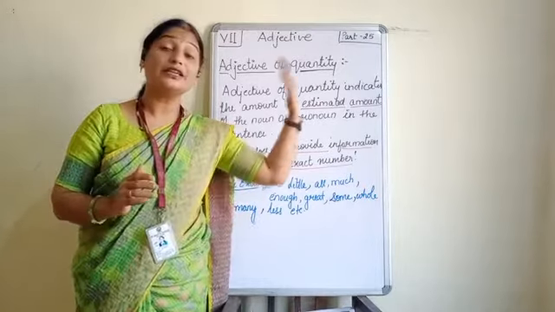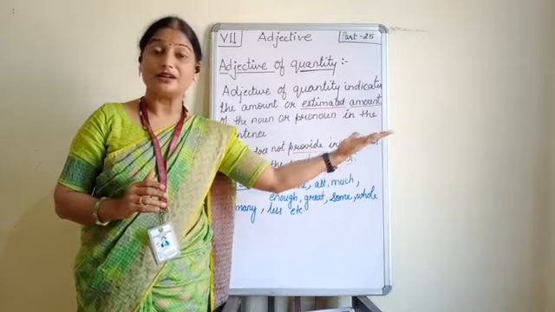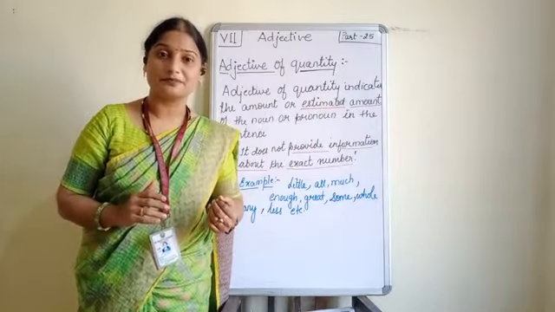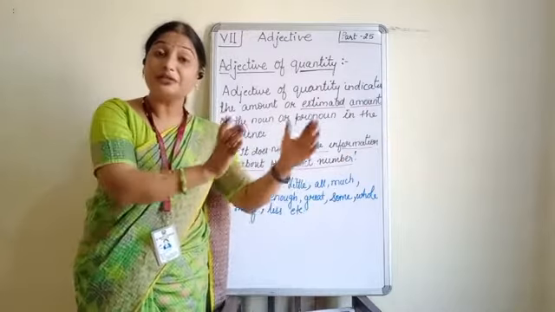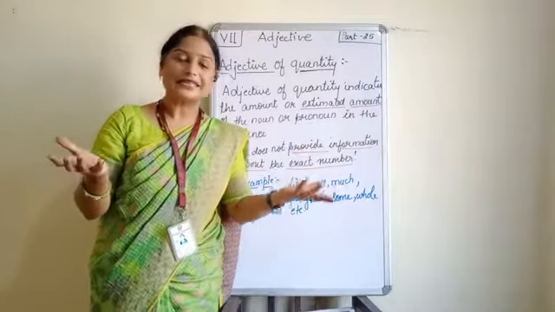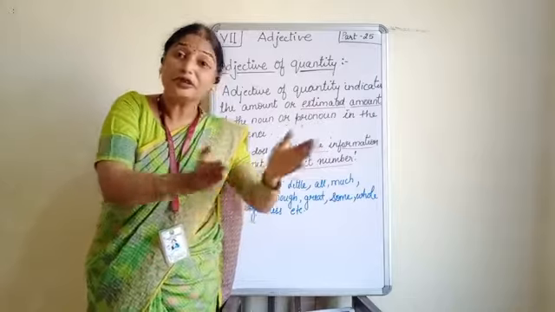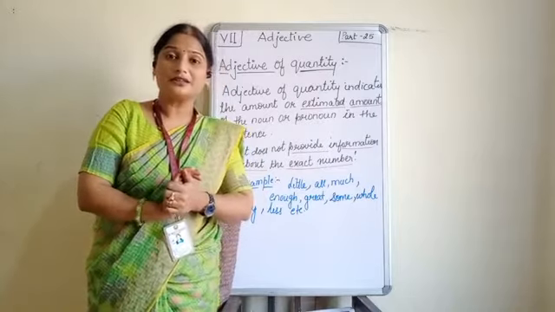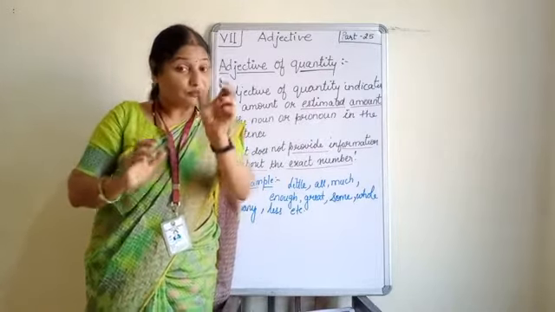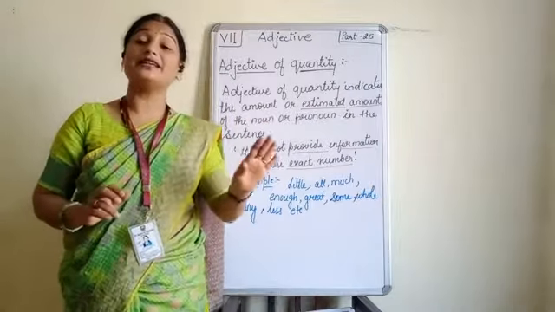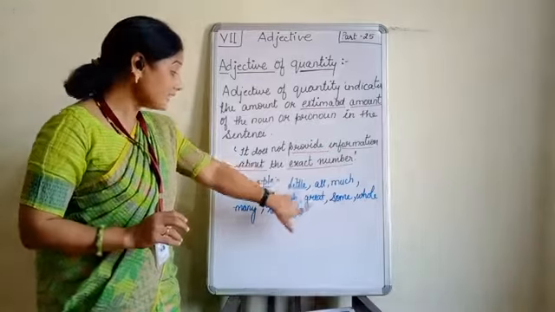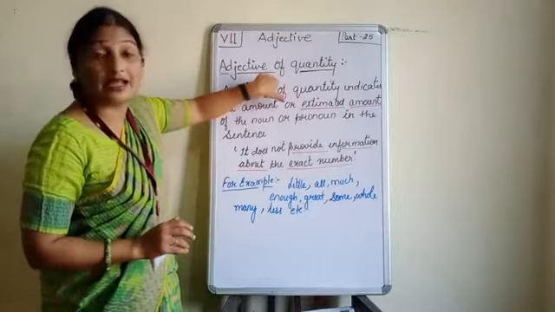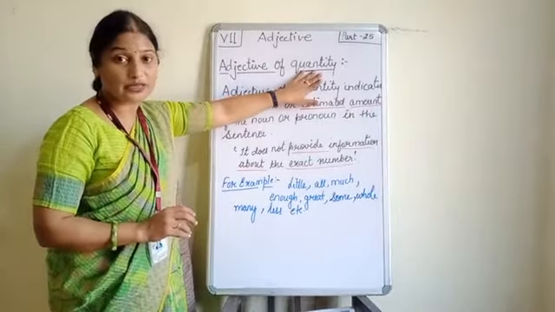But for the young ones and the adults, 2 chapatis are not enough. Maybe 4 or 5 or something. That will be the enough. So this enough is different for different people. We are not getting any exact number from enough, and that's why this enough is an adjective of quantity.